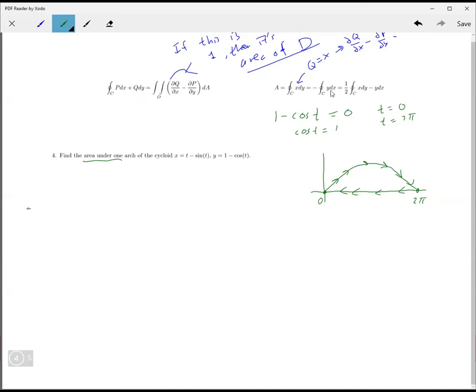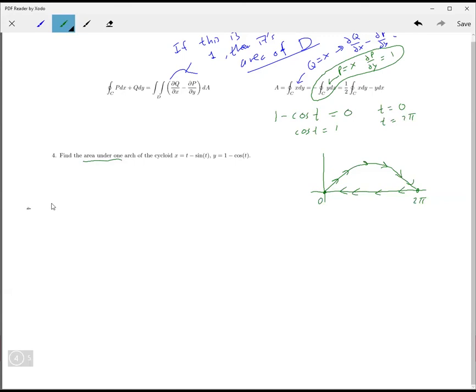Now, if this is the dx, then this is our P. So P would be y, and then dP/dy would be 1. And so if you put a negative on the front and you have this as 1, then it's minus 1. So 0 minus 1 with the negative on the front is going to give you 1 also, or you can just kind of do a split of the two. So I'm going to choose this option here, though.